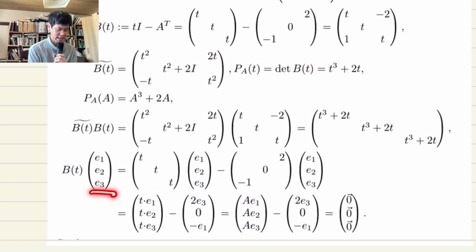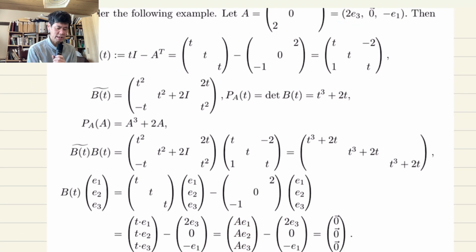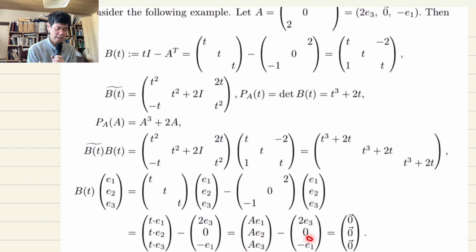So multiplying (e1, ..., e3), we have t1, t2, t3 minus 2 times e3, 0, and minus e1. And t1 is defined to be a1, t2 is a2, and t3 is a3, where a1 is 2 times e3, a2 is 0, and a3 is minus e1. So this is equal to 0.